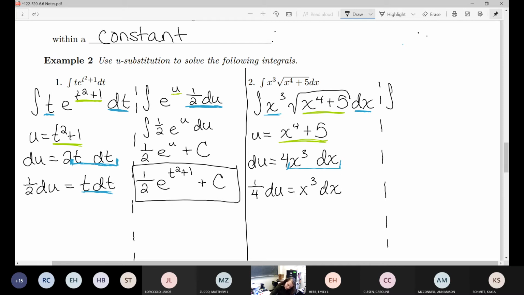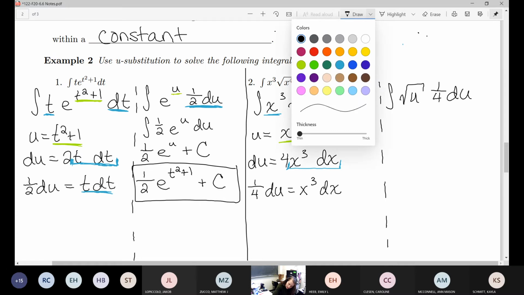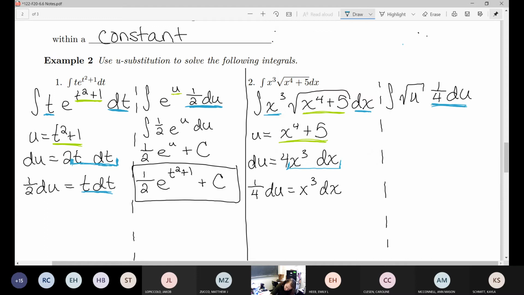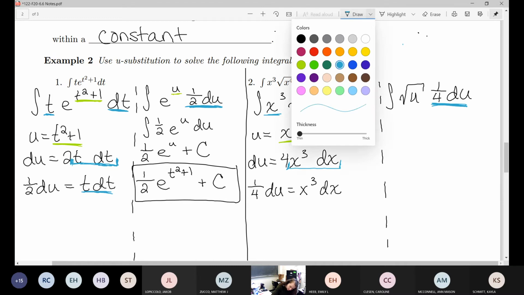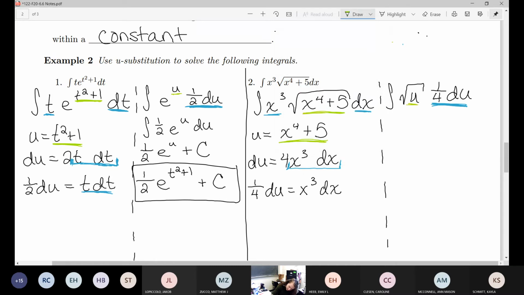So we have the integral of the square root of u, 1/4 du. Essentially the x cubed dx got sucked up and turned into a 1/4 du, and the thing underneath the square root turned into just u.